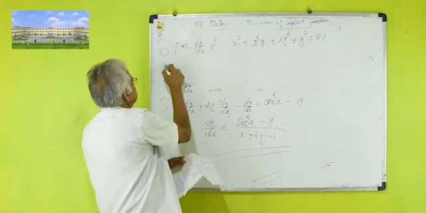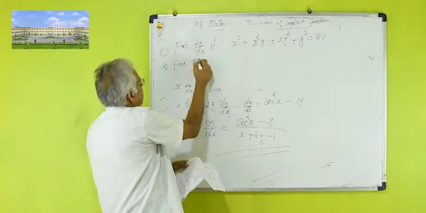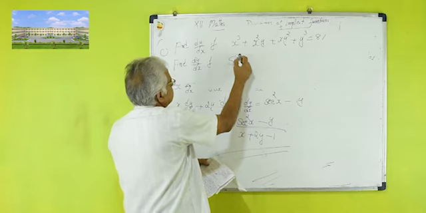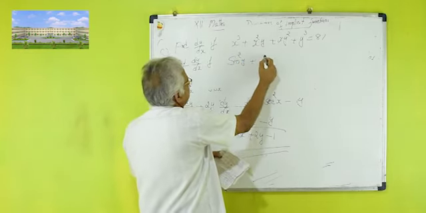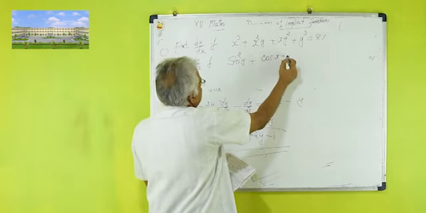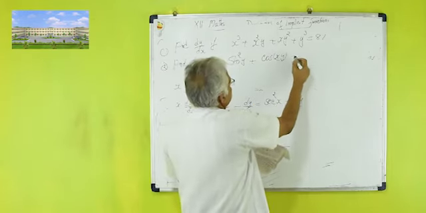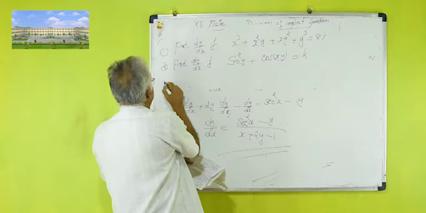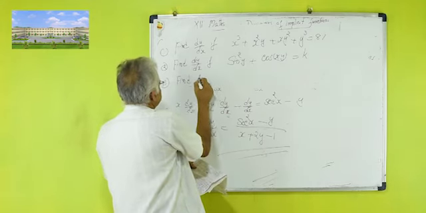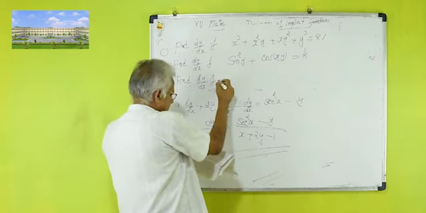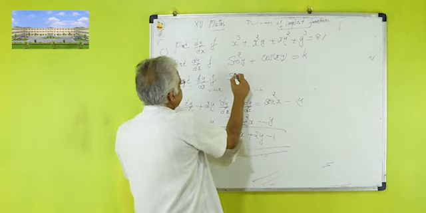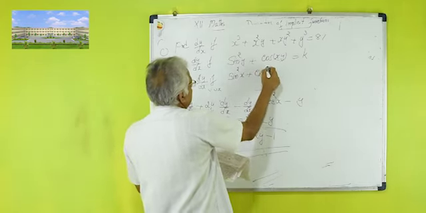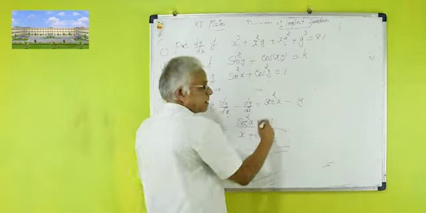Second, find dy by dx if sin² y plus cos of xy is equal to k. Third, find dy by dx if sin² x plus cos² y is equal to 1.